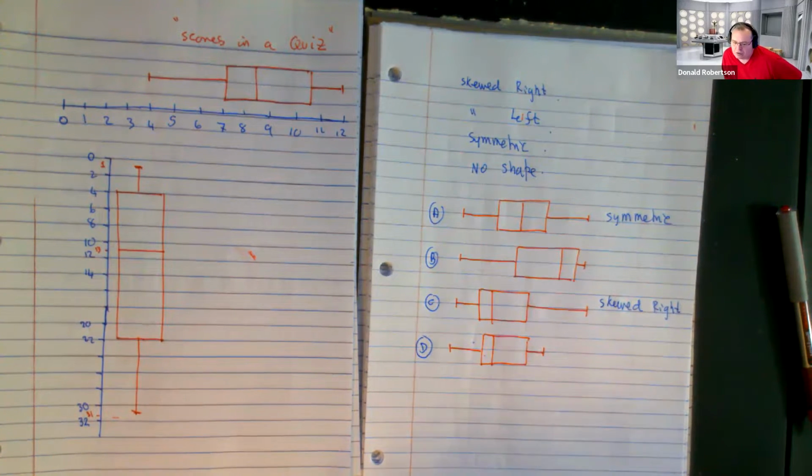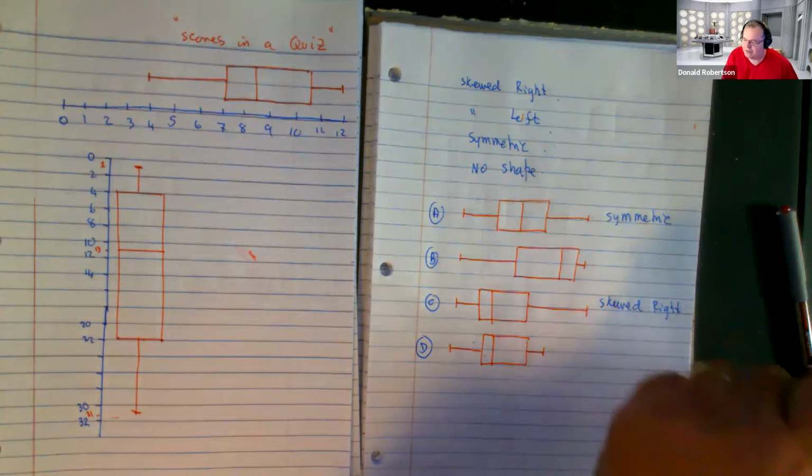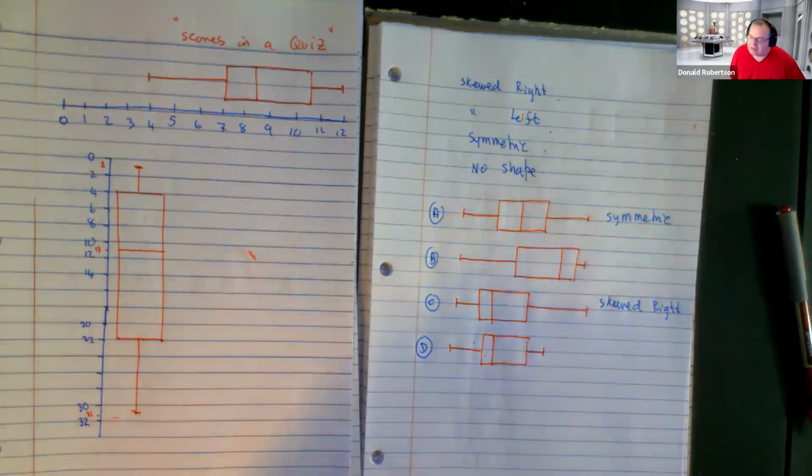The 2 tails are pretty much the same length, the guy in the middle. There's a little bit of wiggle room allowed, right? You don't need to get out and say, oh, that's 18 millimeters and that's only 17.5 millimeters. It can't be symmetric anymore, right? Don't be that nitpicky, right? Just if it's pretty much basically balanced as this is, call it symmetric, right? And I think that's fair.